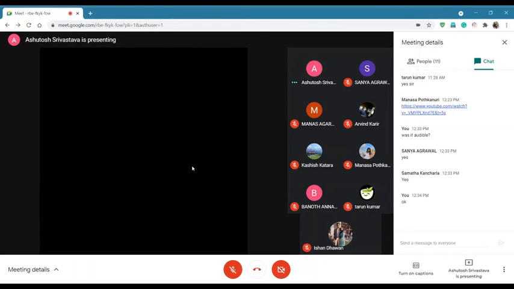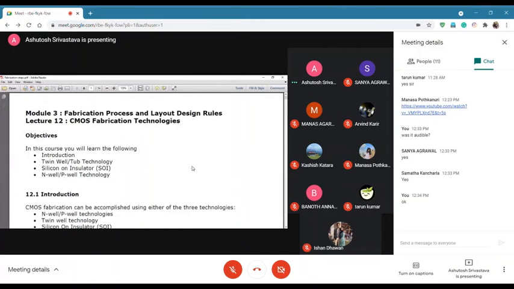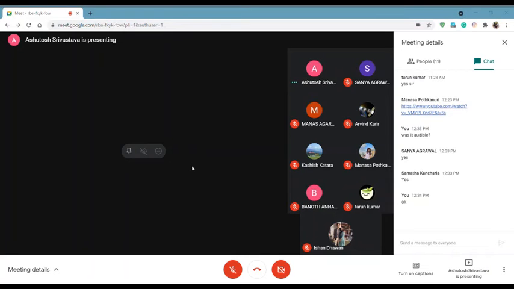Ishan? When does PMOSFET conduct? If we need to know the fabrication steps, we should first know the proper functioning of PMOSFET and NMOSFET. So when does NMOSFET conduct and when does PMOSFET conduct? Hello? Manas?